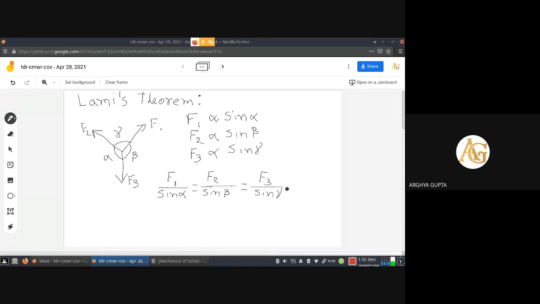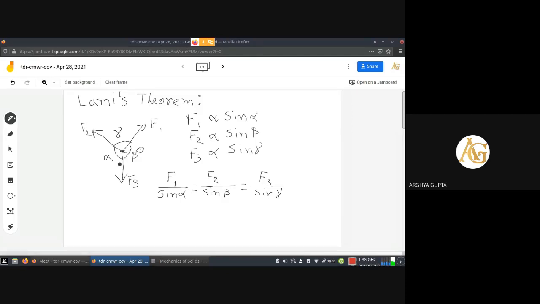And Lami's theorem states that if a body, let us say body here O, I have taken the body as a particle O, is in equilibrium under the action of 3 forces, then Lami's theorem can only be applied if the number of forces is 3. If the forces become more than 3, then you cannot apply Lami's theorem. You have to analyze the vertical and horizontal components of the forces then.